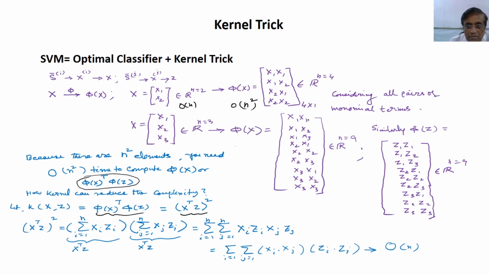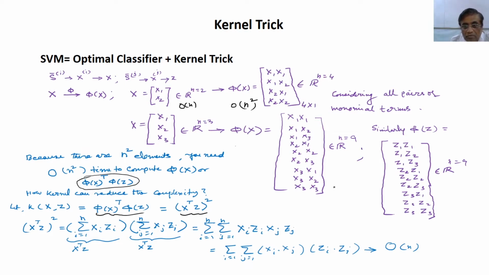It will be x1 x1, x1 x2, x1 x3, x2 x1, x2 x2, x2 x3, x3 x1, x3 x2, x3 x3. There could be some terms which are the same, but we are writing them all to show you the real dimension our sample is being taken to.